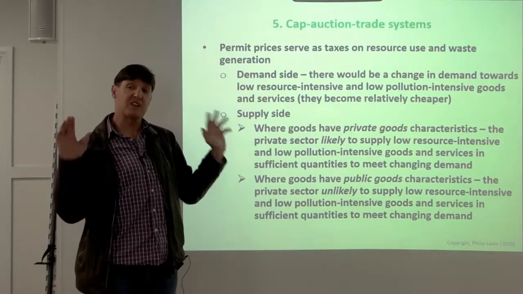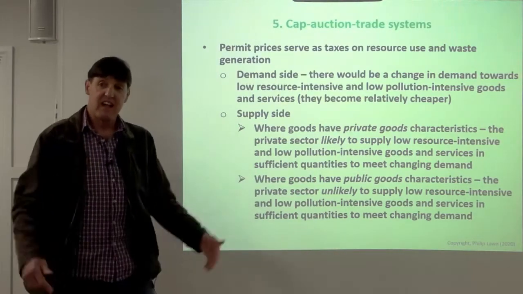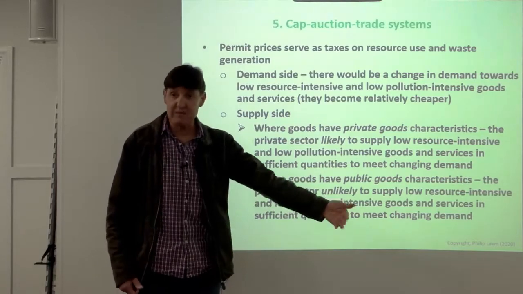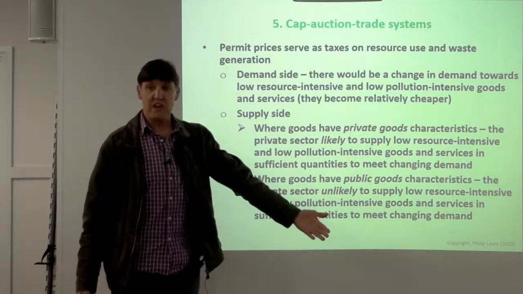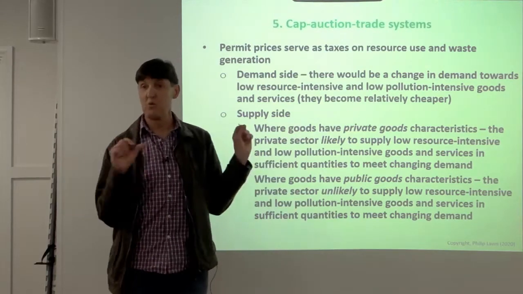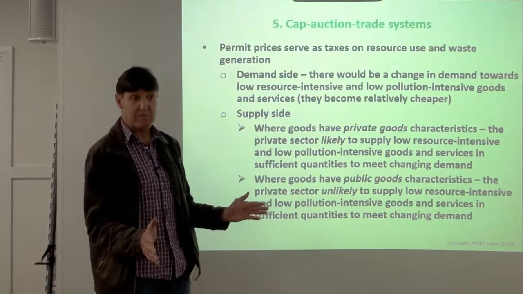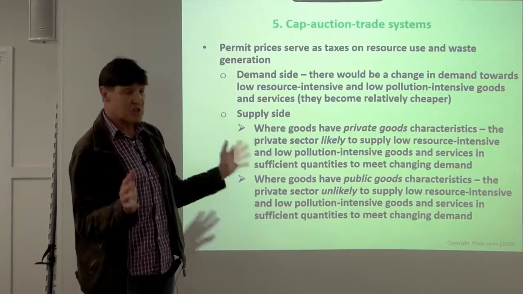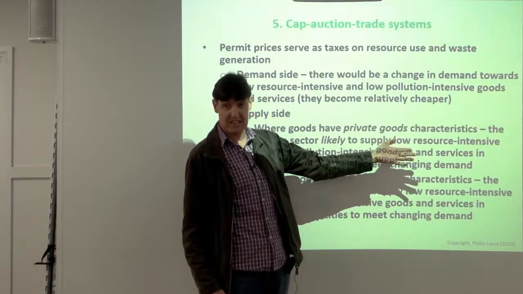People just automatically assume that that will be supplied. If we demand low carbon-intensive goods rather than high carbon-intensive goods, the low carbon-intensive goods or electricity will be supplied. Okay, it's likely to be supplied by the private sector if those goods have what economists refer to as private goods characteristics.